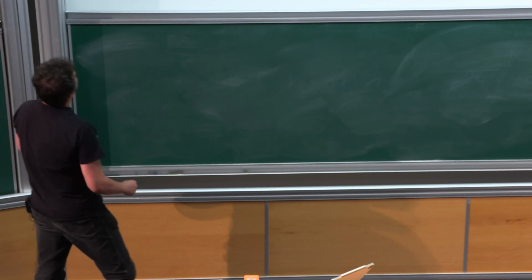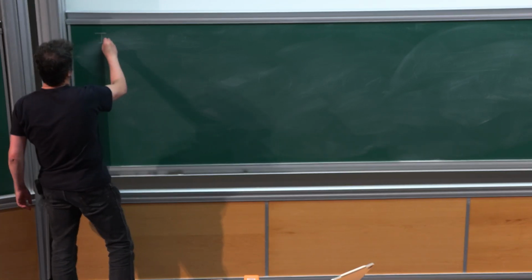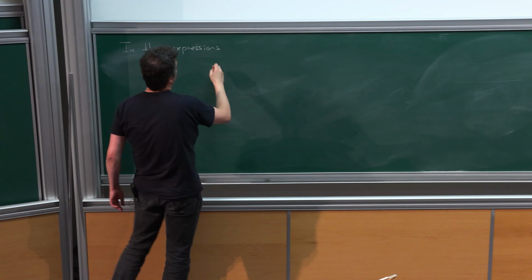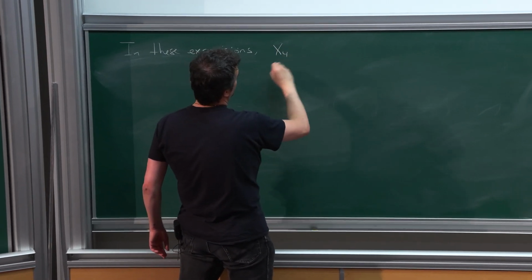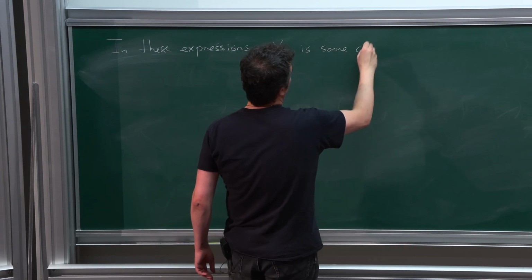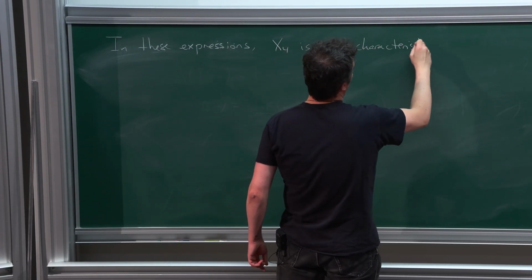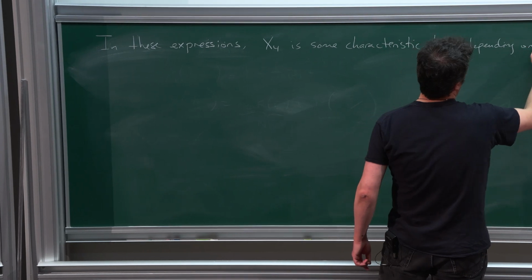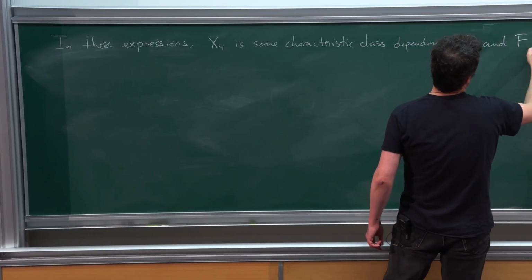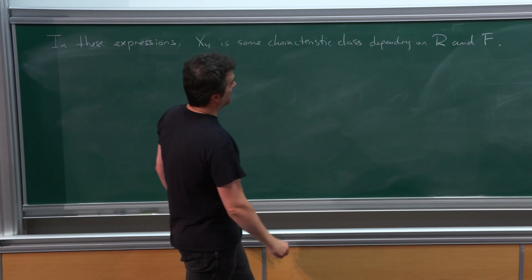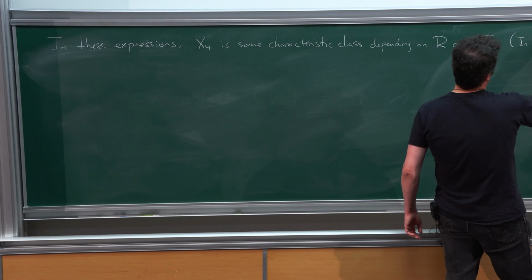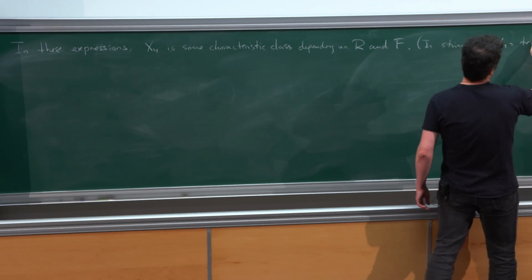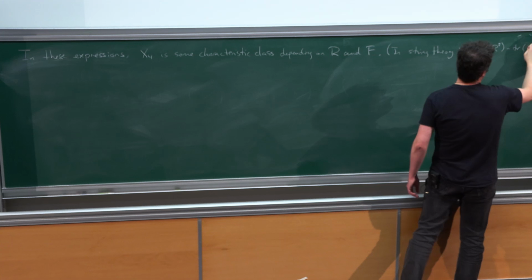Okay, so in these expressions, X4 is some characteristic class depending on R and F. And as it happens in string theory, X4 is trace R squared minus trace F squared.